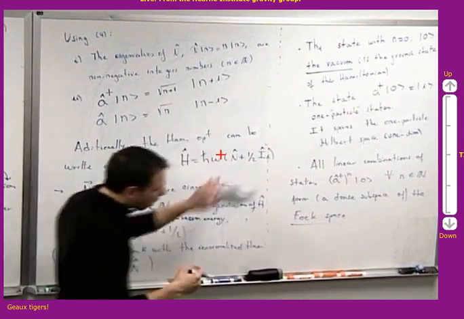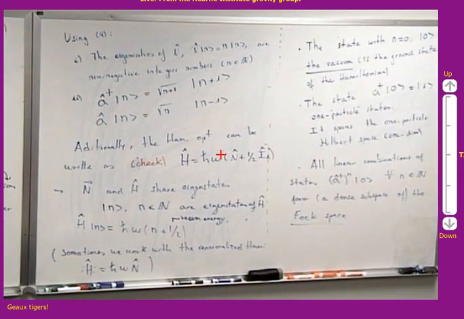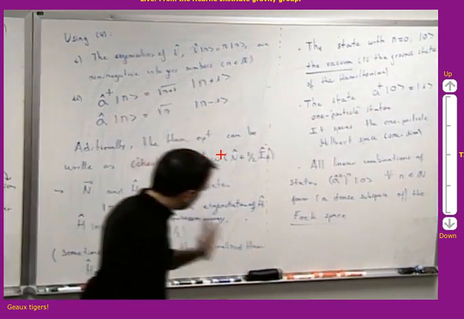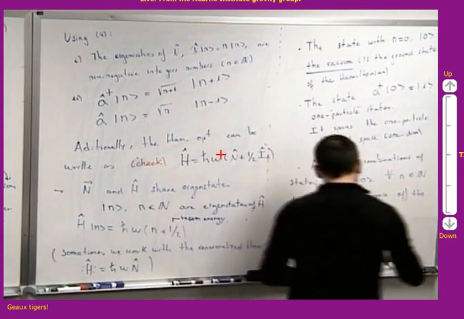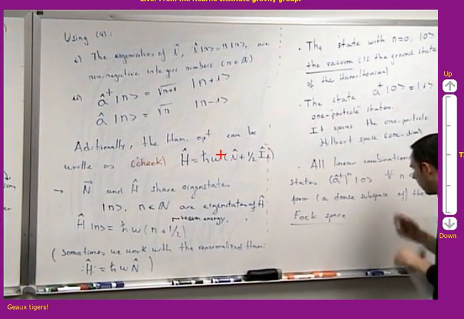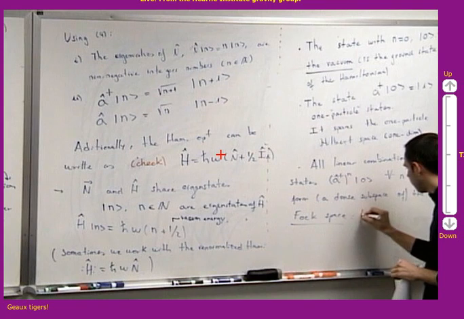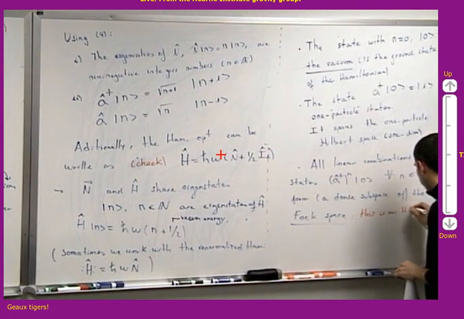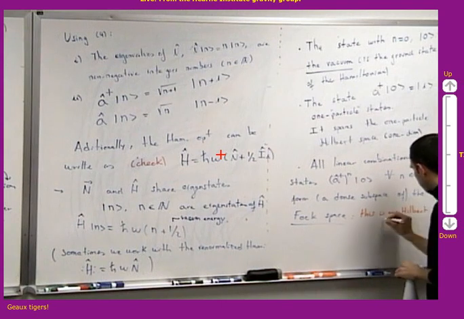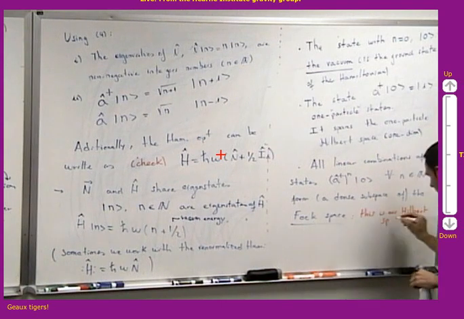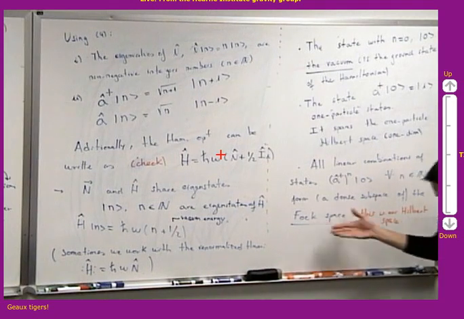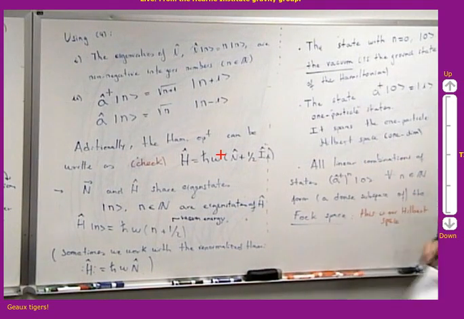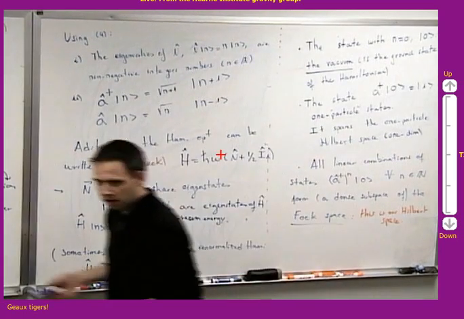The space of all linear combinations is called a Fock space. And this Fock space is our Hilbert space. Fock space is a particular case of Hilbert space. So the space in which we will do quantum mechanics is this Fock space, again made of linear combinations of multi-quanta states.